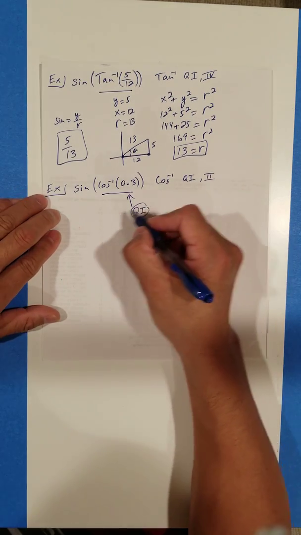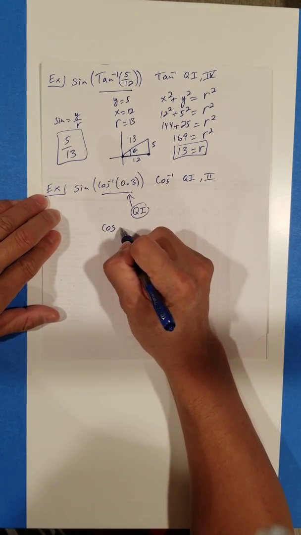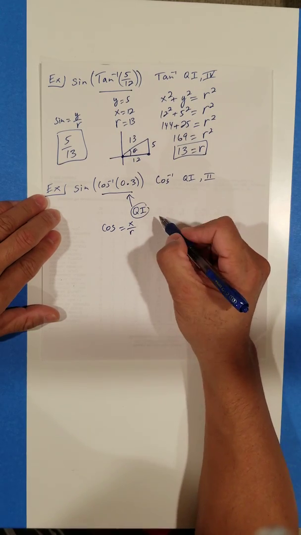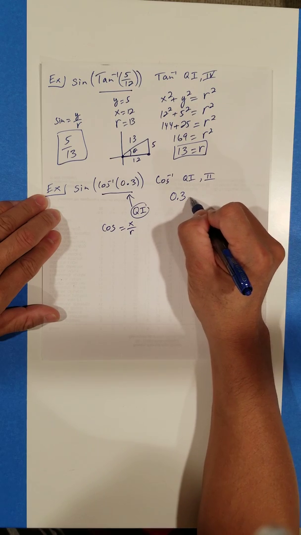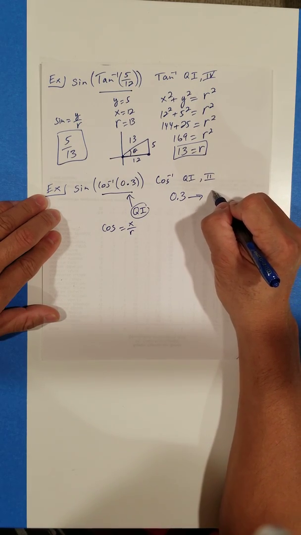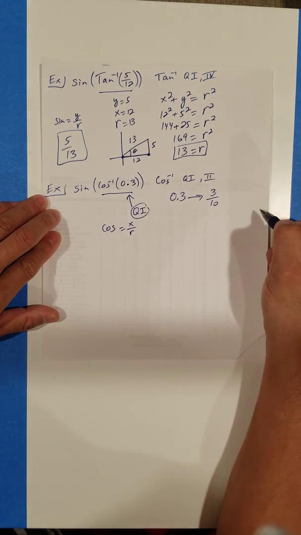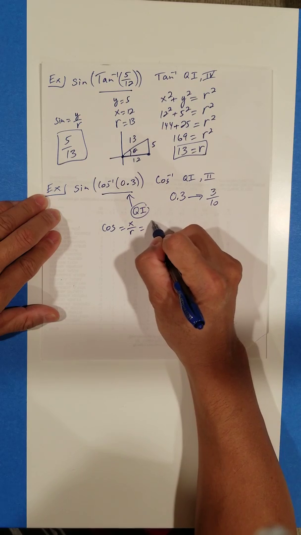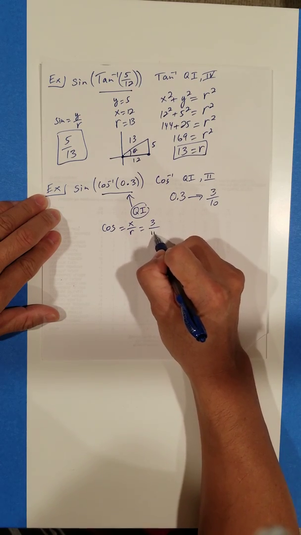So now cosine, if you remember, is x over r. 0.3, make it a fraction. 0.3 in fraction form is 3 over 10. So right there, that tells you in fraction form, x is 3, r is 10.